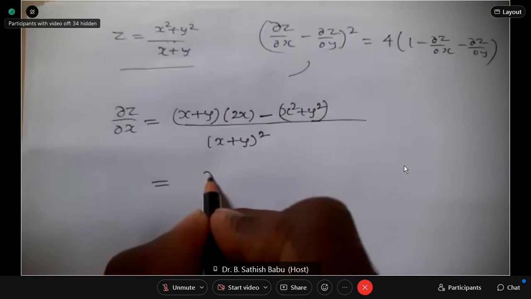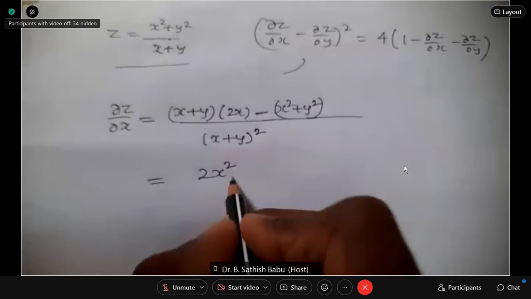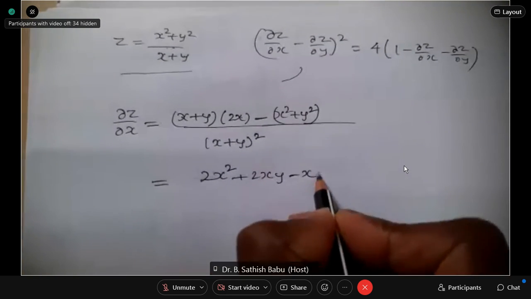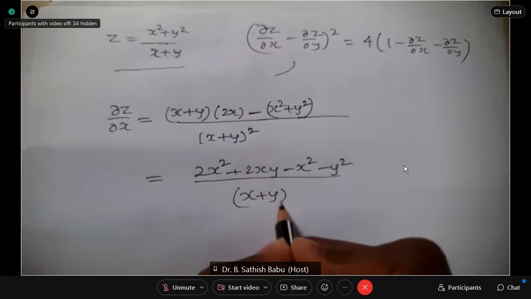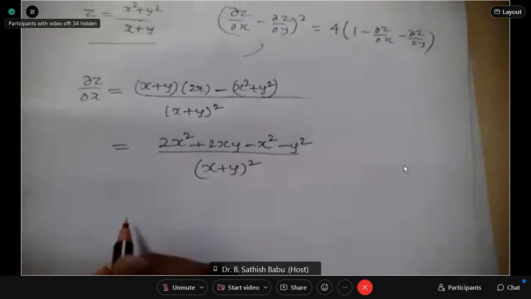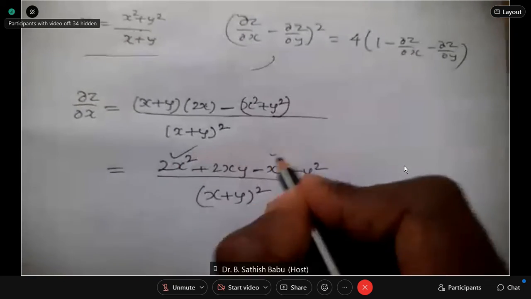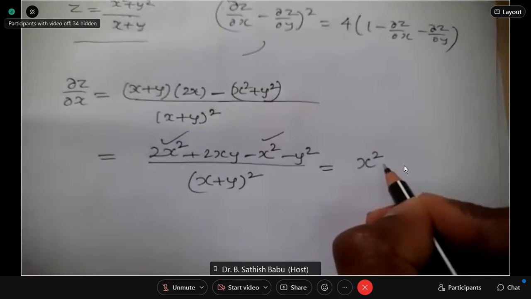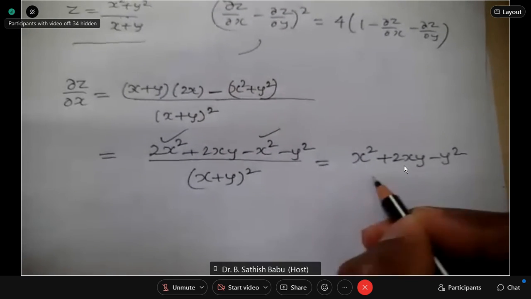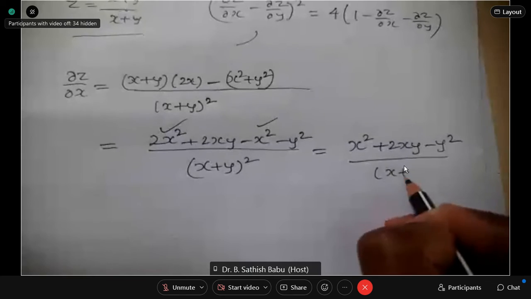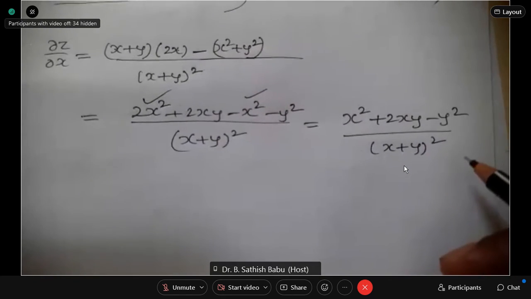Very nice. On simplification, 2x multiplied by x becomes 2x square plus 2xy minus x square minus y square, divided by x plus y whole square. On further simplification, 2x square minus x square gives you x square plus 2xy minus y square. Can we write this as some a minus b whole square? Think, don't immediately respond.